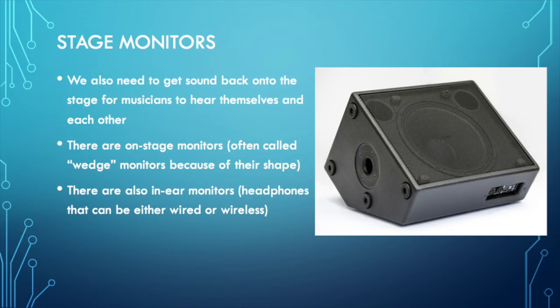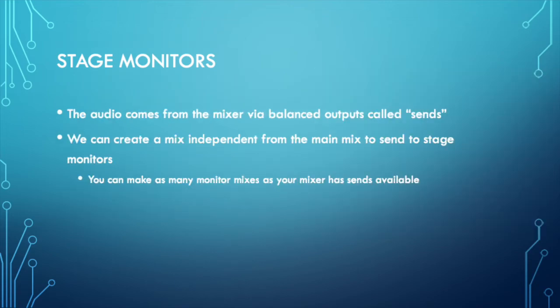I did not make another signal flow image here for you, I just put another slide. But the audio that we're sending to these stage monitors is coming from our mixer.